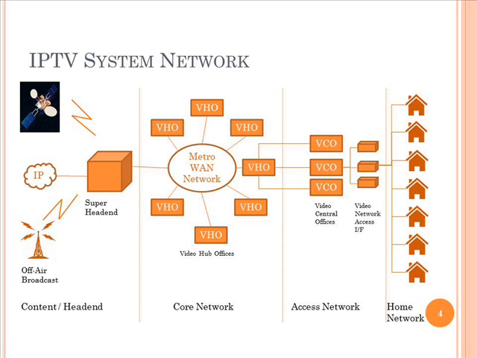That WAN, with the various video hub offices that are there, connects to the access network, where you have the video central offices and network access systems, and that eventually makes its way and feeds into the customer's home, where we get our video signals and watch our televisions. So that's a high-level view of an IPTV system network, and we're going to take a look at each individual function in more detail.